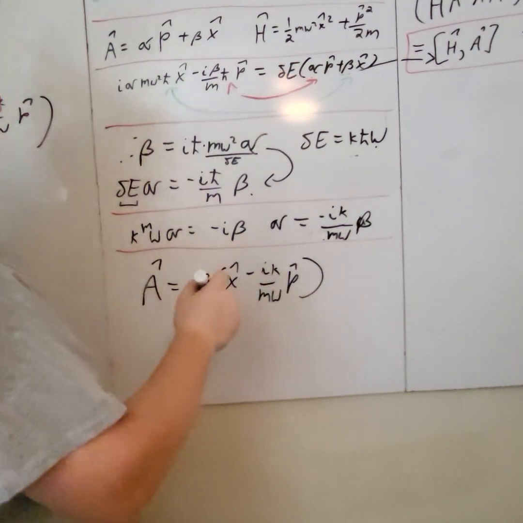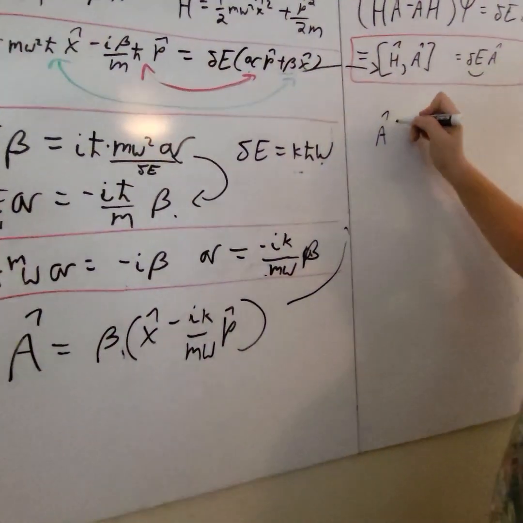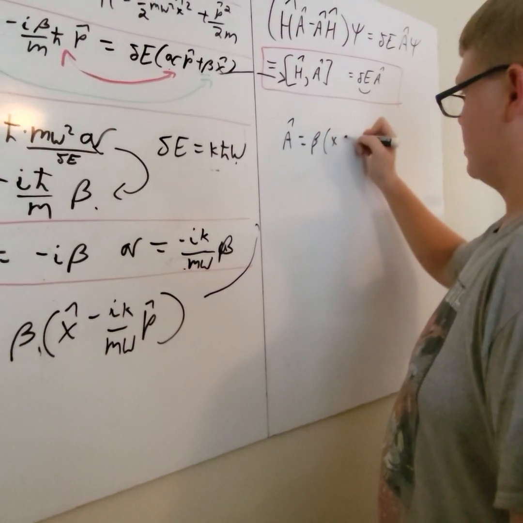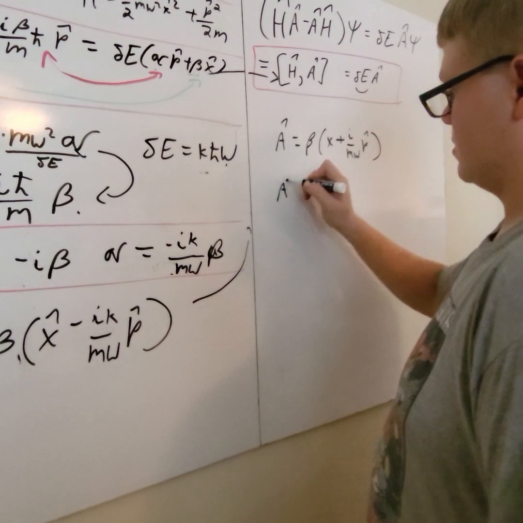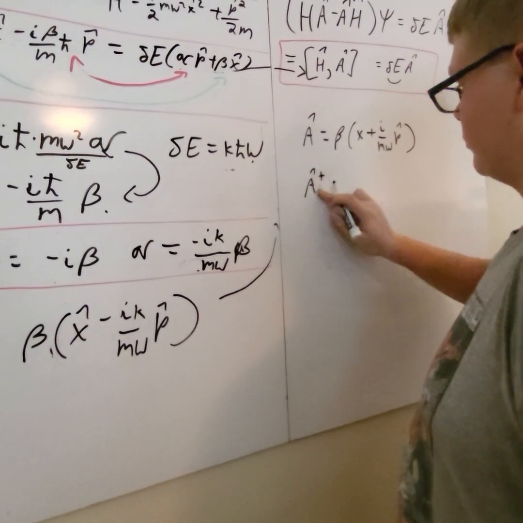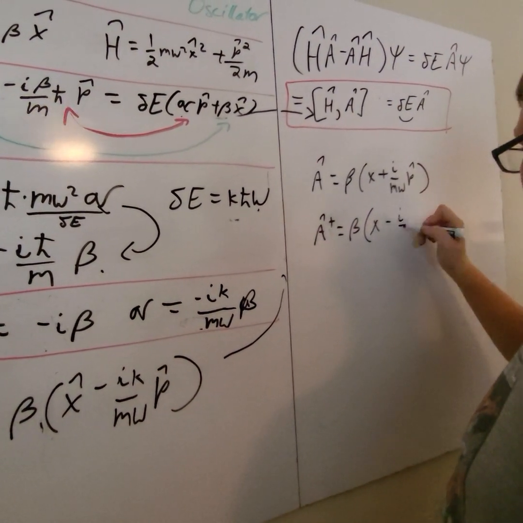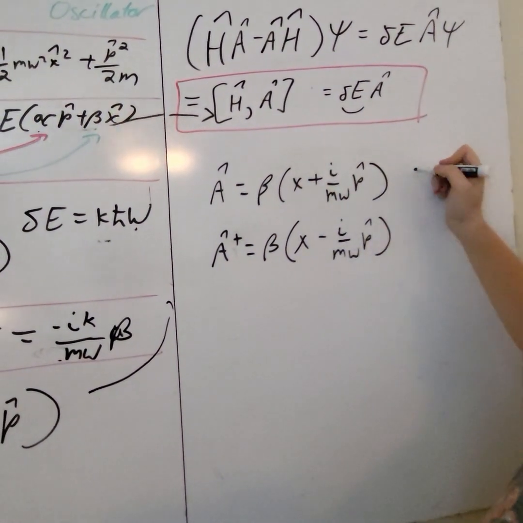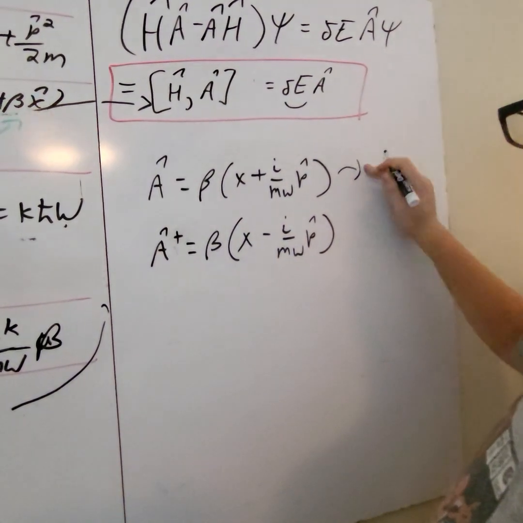When k is equal to negative 1, this operator acts on a state and decreases its energy, so we're going to call it the lowering operator.